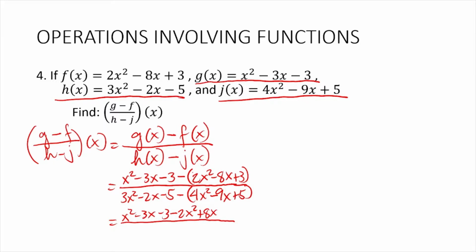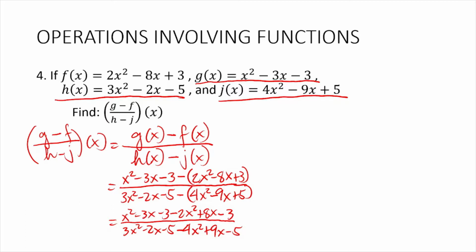And then negative, positive, so -3 or minus 3. Okay. And then on the denominator, we have 3x squared minus 2x minus 5. And then distribute -1, so this gives us -4x squared. Negative, negative, so positive 9x or plus 9x. And then negative, positive, so that's -5 or minus 5.